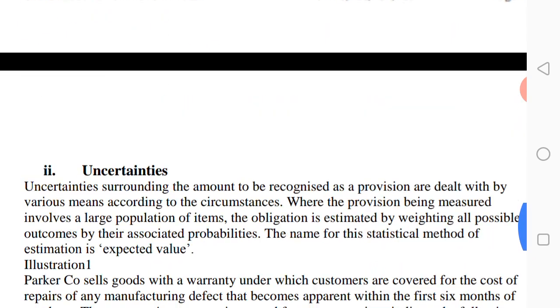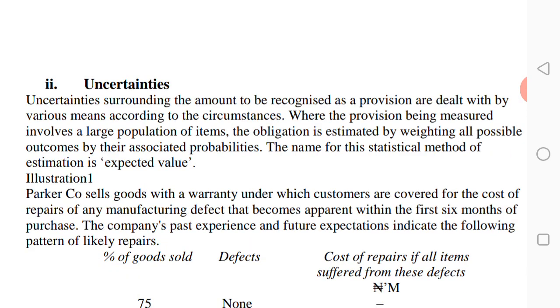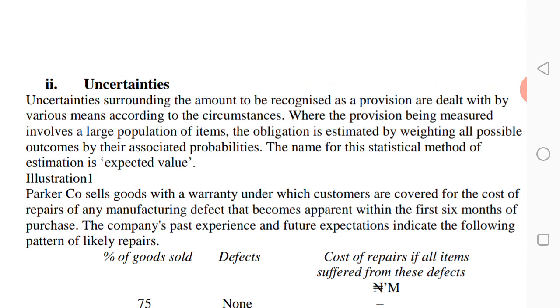Now let's look at uncertainties. For you to measure provisions, you must consider uncertainties and you must consider the best estimate. Uncertainties surrounding the amounts to be recognized as provisions are dealt with by various means, according to the circumstances.